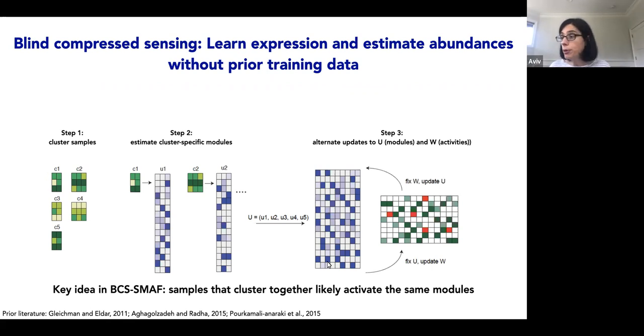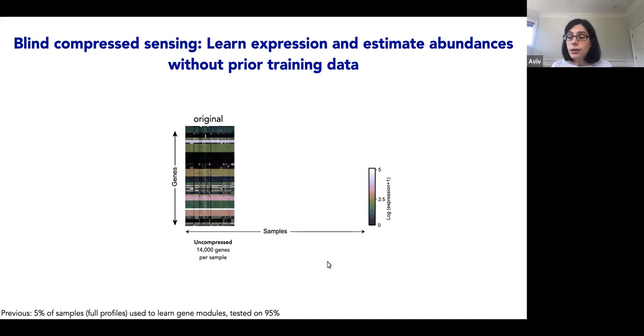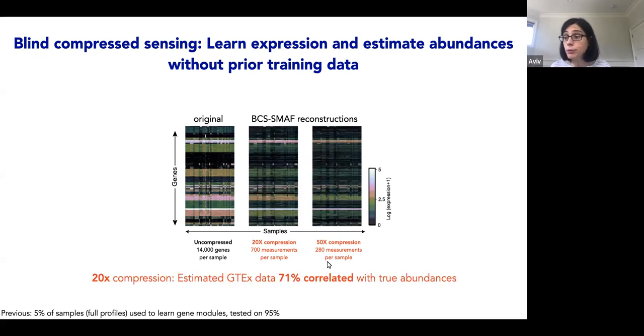And so could this possibly work? Here is the original full profile data, 14,000 genes per sample. BCS SMAF saw only 20x or 50x compressed composite measurements, that is 700 or 280 measurements per sample. And it still recovered profiles with up to 70% correlation with the true abundances.